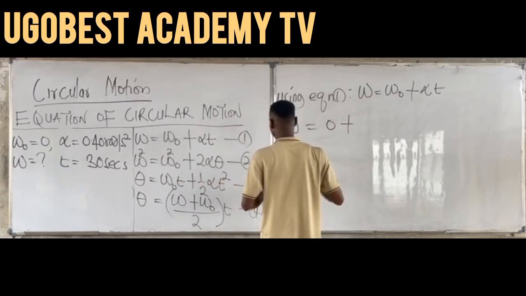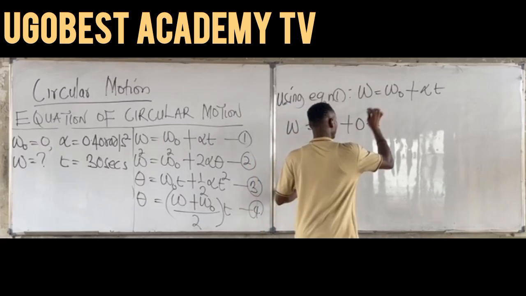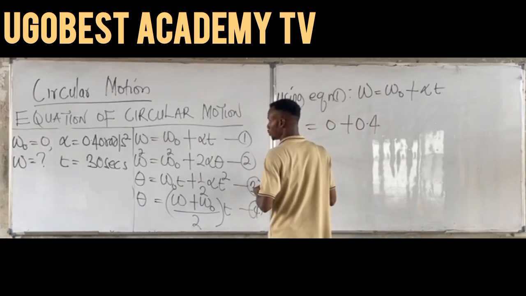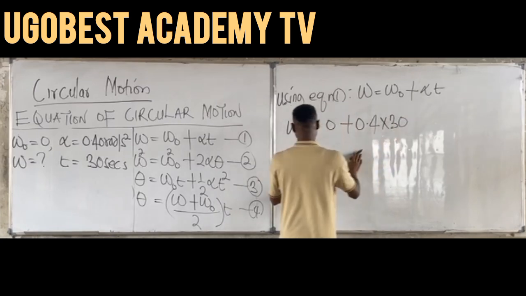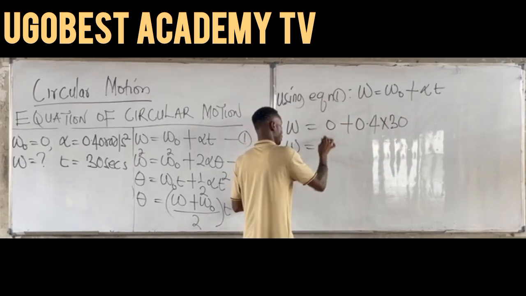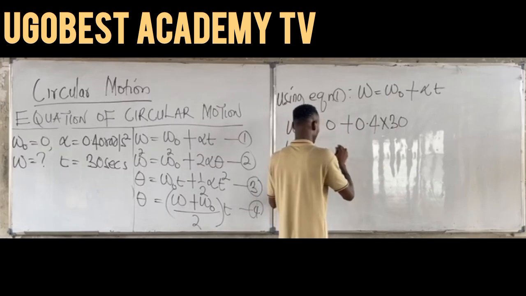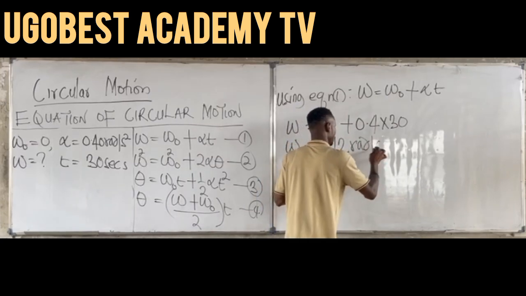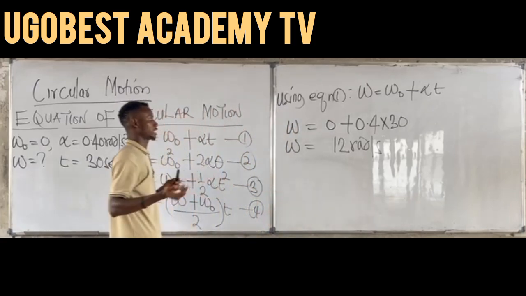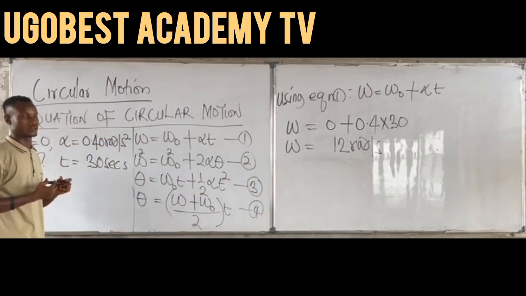What is our alpha here? 0.4. 0.4 is the same as 0.40. Please take note. Times what? 30. So omega will be equal to, class, everything will be 12 in what? Rad per second. Okay, the answer here is 12 rad per second.